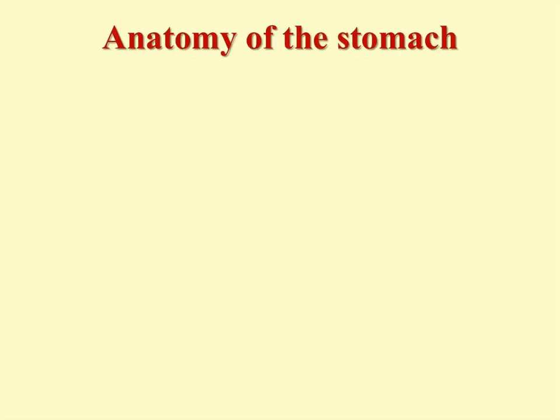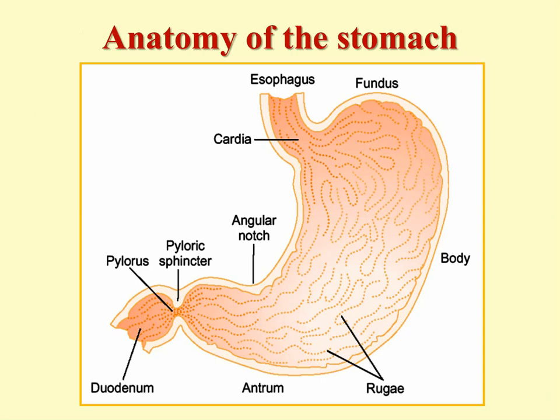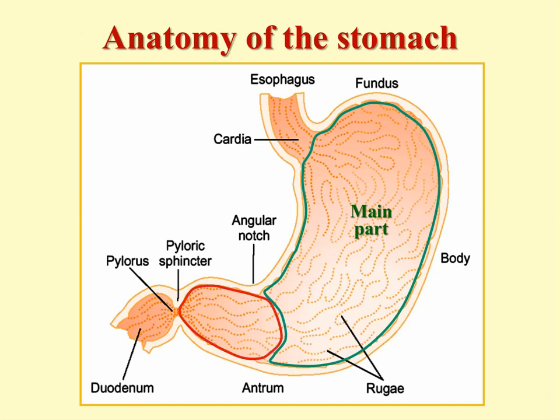Anatomy of the stomach, let's recall a little bit. The stomach has its body, main part, and also the last portion, the so-called pylorus, or it also can be called antrum, and this is an intermediate area for transition from stomach digestion to the next part, intestinal digestion.